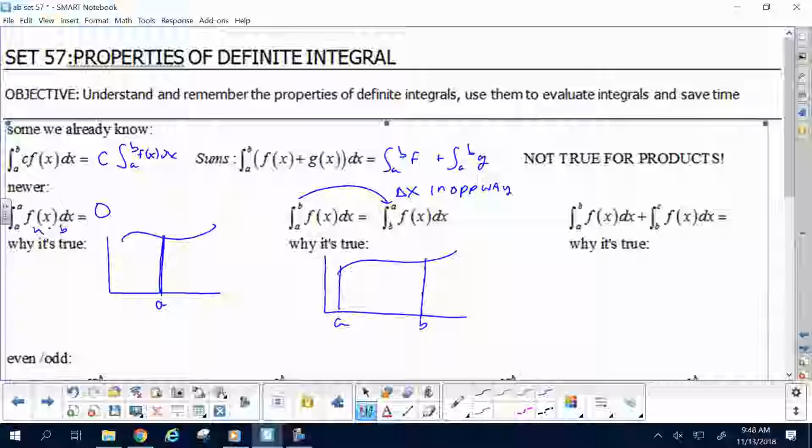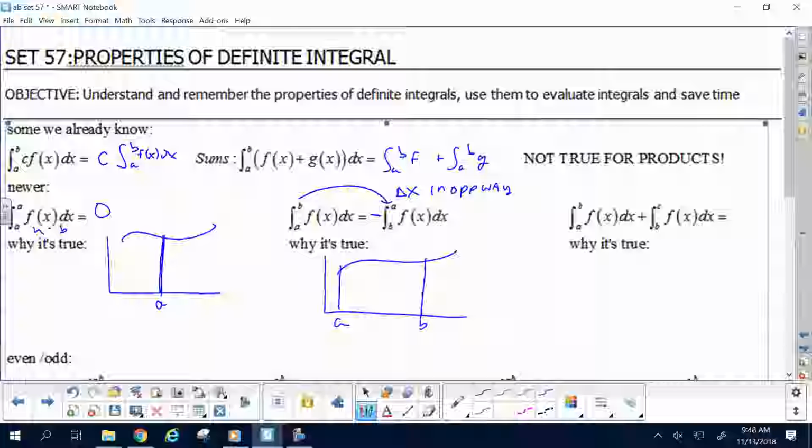Instead of going left to right, you're going right to left. Well, delta x, instead of being b minus a, is now a minus b. It's opposite. So when you change these limits of integration, you will actually get the exact opposite result of what you would normally have.